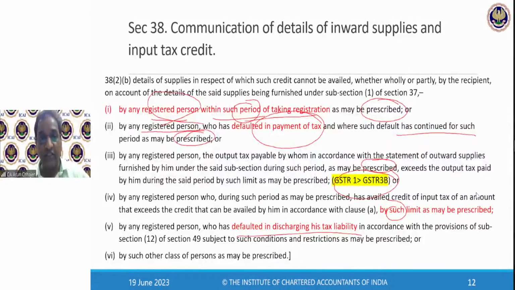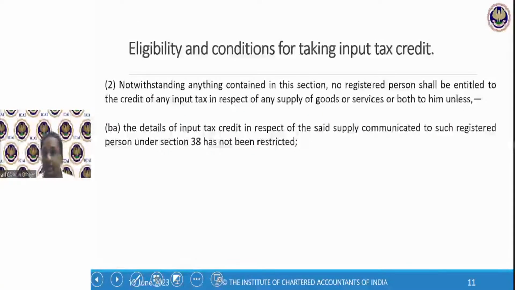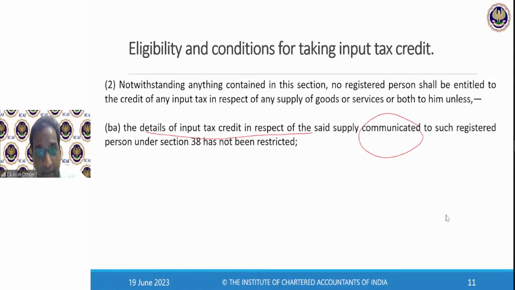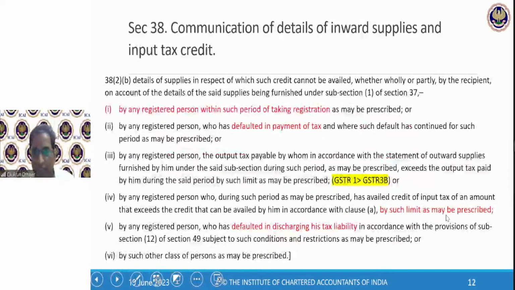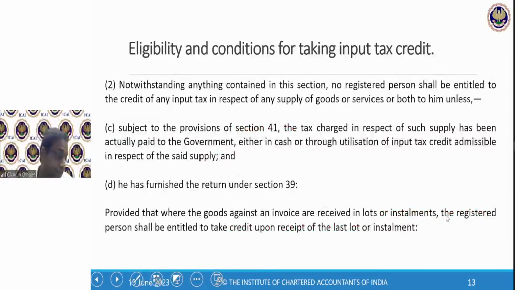But what is the condition? The condition says that under 38, the details of the ITC in respect of the said supply communicated to the registered person has not been restricted. So this should not be restricted. How is it being restricted? 38(2)B defines the condition. So it is only theoretical, and we are not spending too much time.